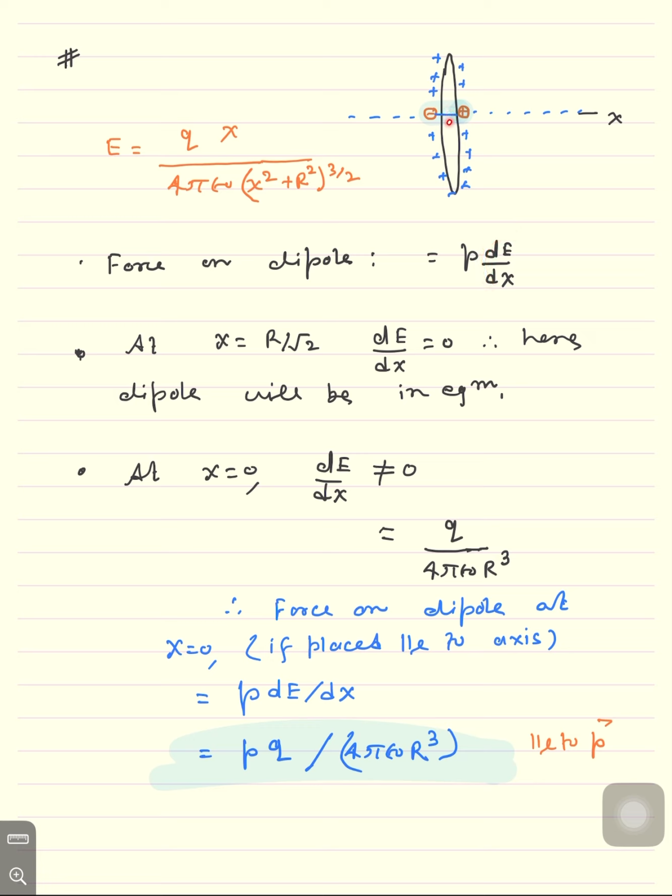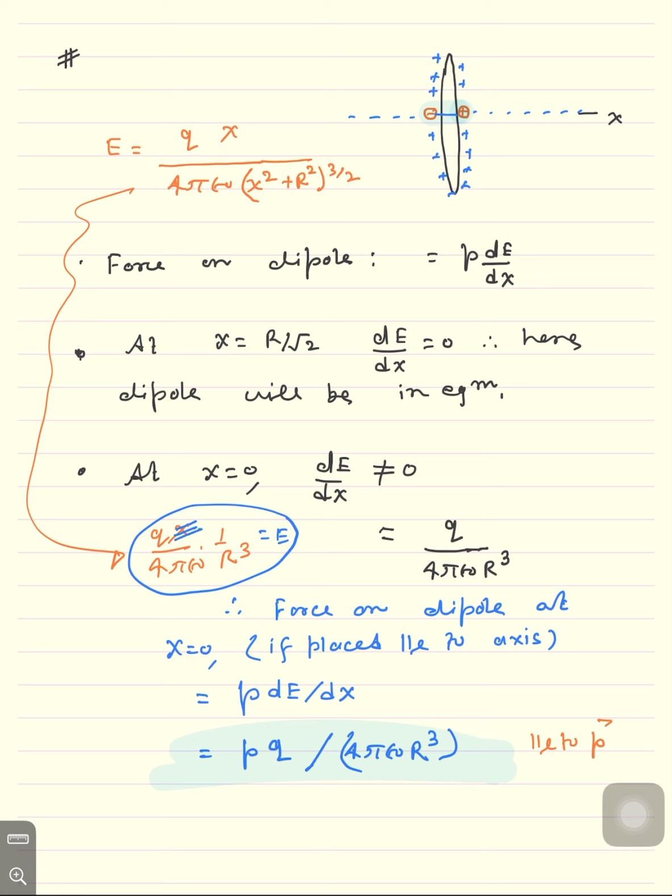So at the center, x is very small. So let us first simplify this expression so that we can easily differentiate it. Near the center, this expression will be qx upon 4 pi epsilon naught into 1 by r cube. This is E, close to center. So if we calculate dE/dx, this will be removed.